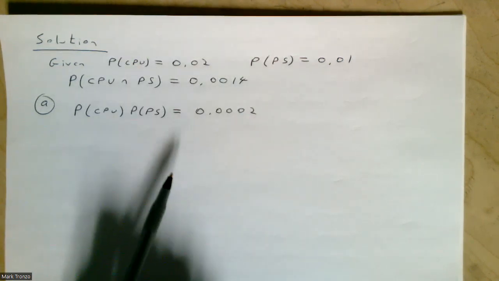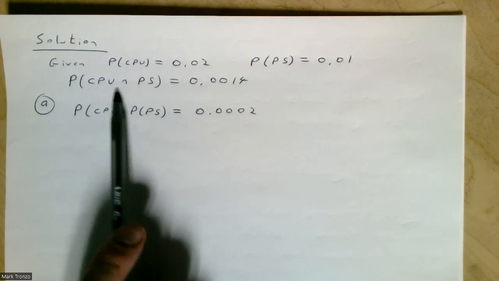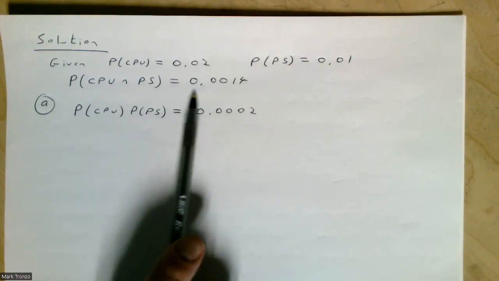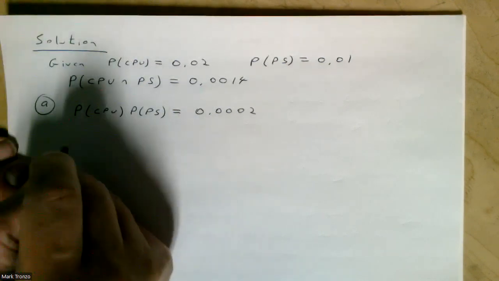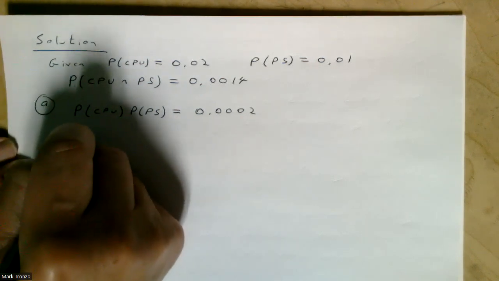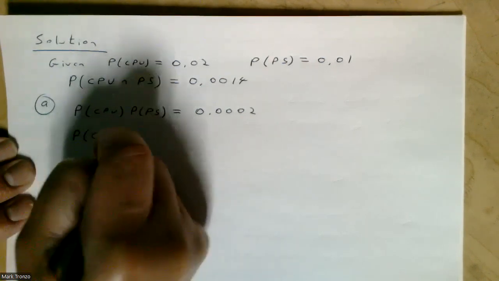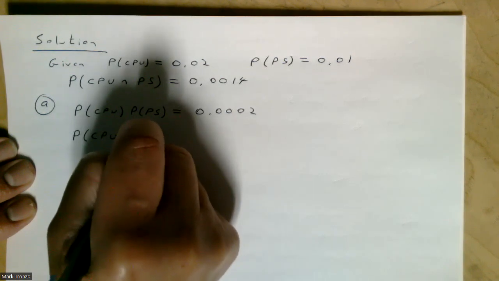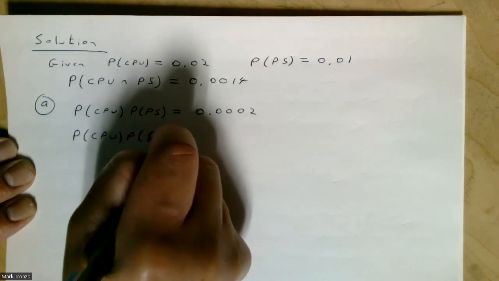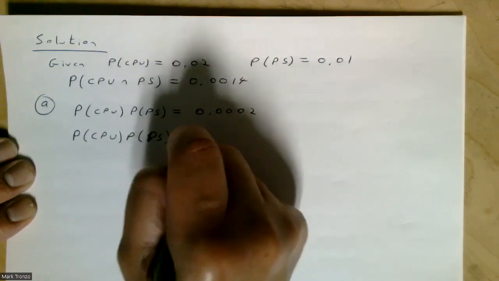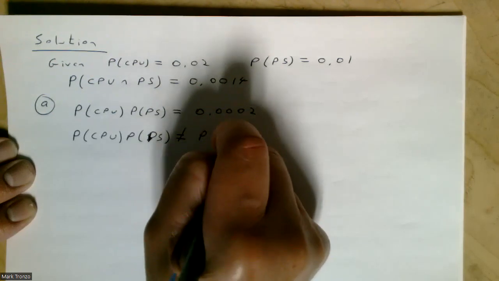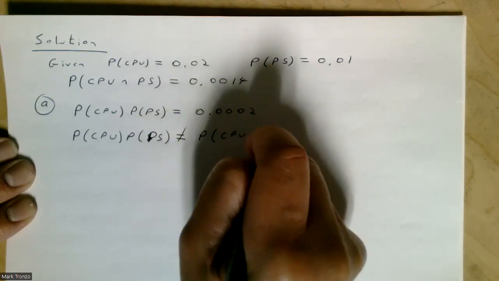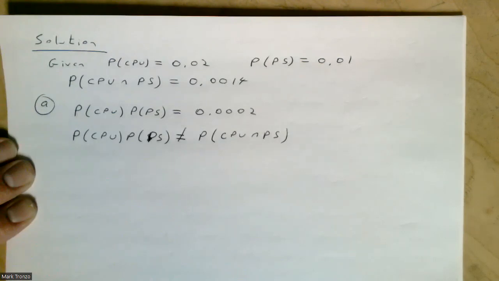Now notice that's not equal to the probability of this intersection. So the probability of CPU times the probability of power supply is not equal to the probability of CPU intersection power supply.